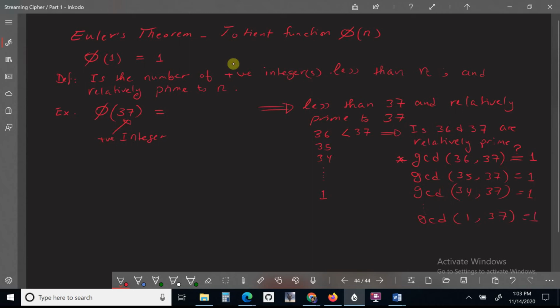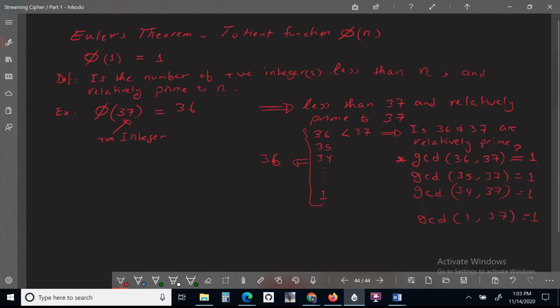So when you count this, it will be 36. So in this case, the phi function of 37 is 36.